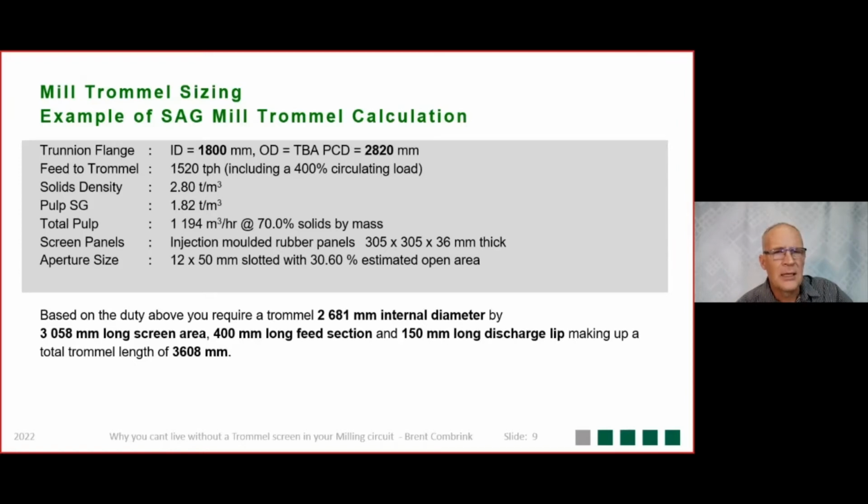Screen panels will be determined by whether it is going to be a ball mill trommel or SAG mill trommel, thickness we require, configuration of the weir bars, etc. Aperture size, 12 by 50 is a fairly common aperture that we use, and that's got more or less a 30.6% open area.